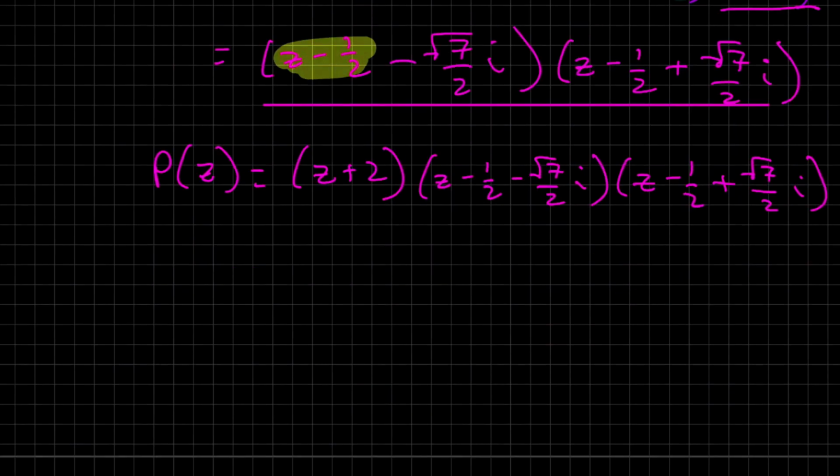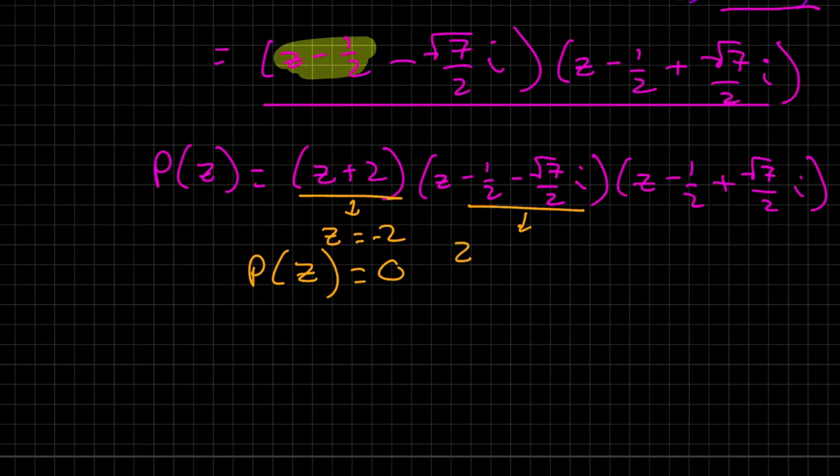Now, using the null factor law, this equation should be very easy to figure out. So from this part of the equation, we would get z equals negative 2 as a solution. From this part, we would get z equals a half plus square root of 7 over 2i. And from this part, we would get z equals a half minus square root of 7 over 2i as your solution.